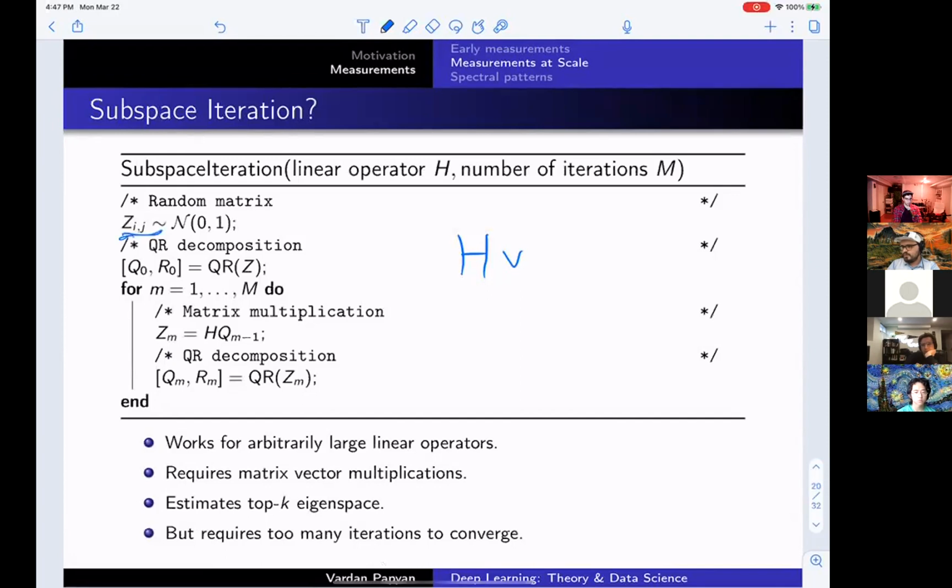At the end of the day, Q is going to converge to the eigenvectors of that subspace. So it's going to be a matrix of size number of parameters times the rank K. So K is implicit in the dimensions of the QR decomposition.